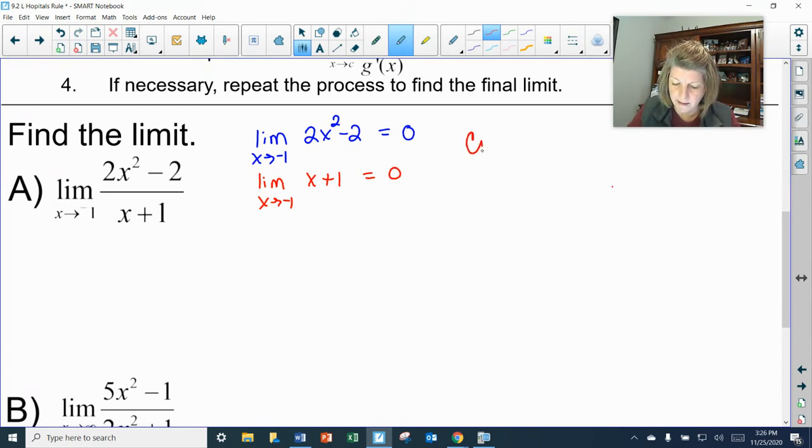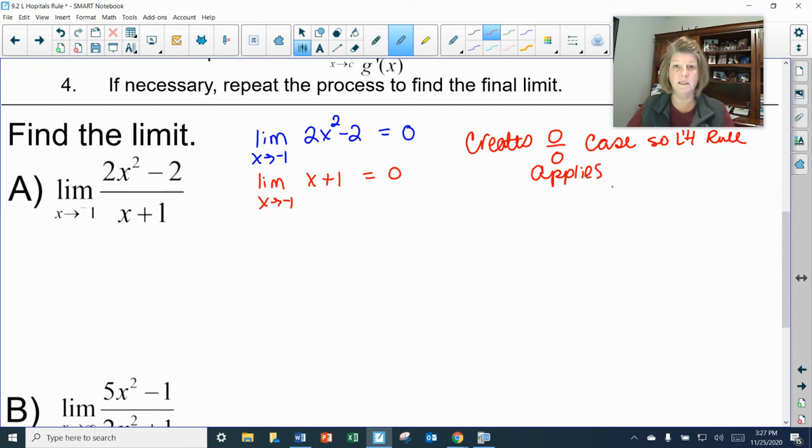And this creates the 0 over 0 case. So L'Hopital's rule applies. I would write that out, that you have the 0 over 0 case or the infinity case, and therefore L'Hopital's rule applies.